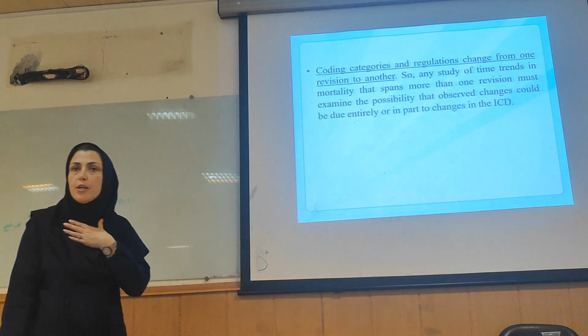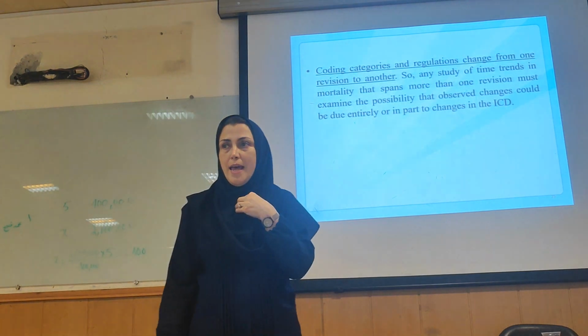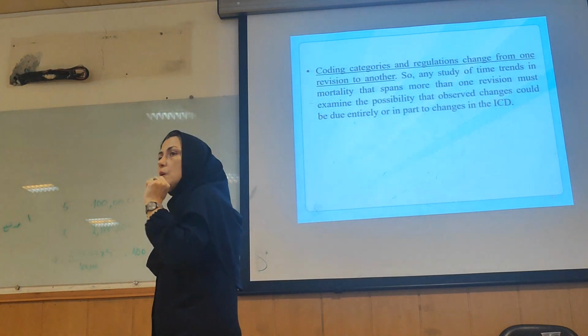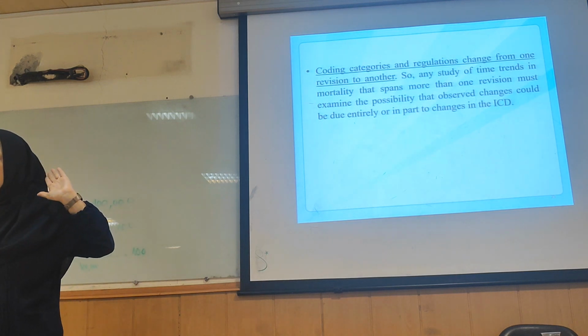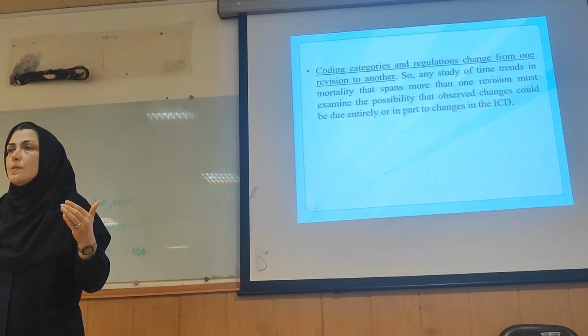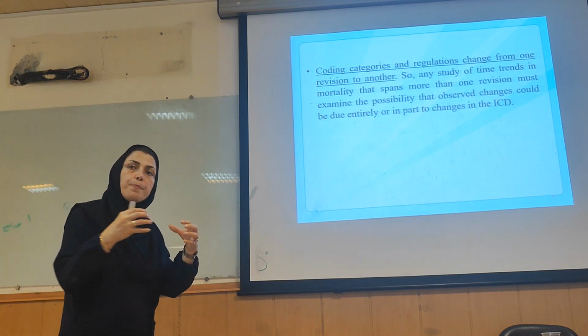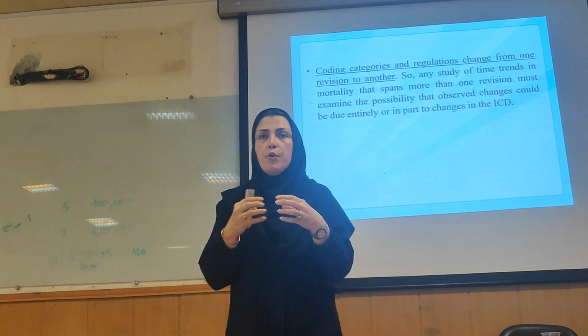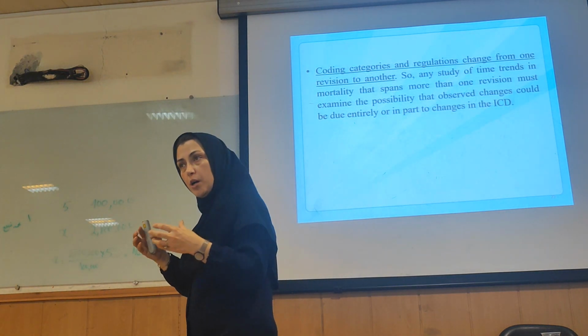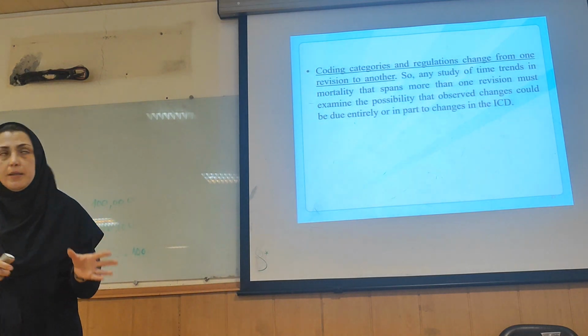For example, if I use ICD-10 and you use ICD-7, some codes might not be comparable. So you should harmonize these codings to each other to make them easily comparable.